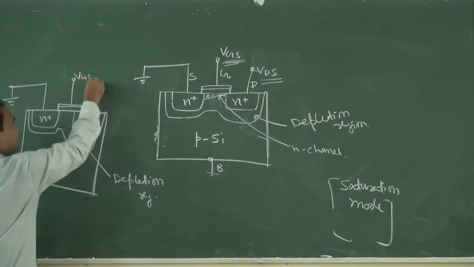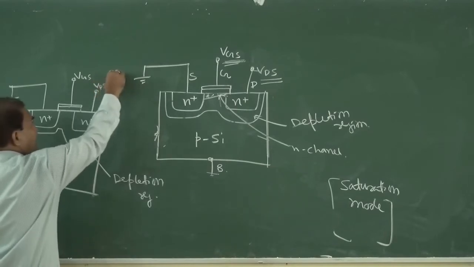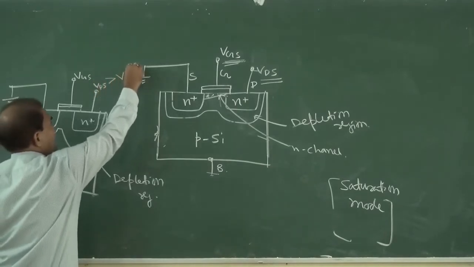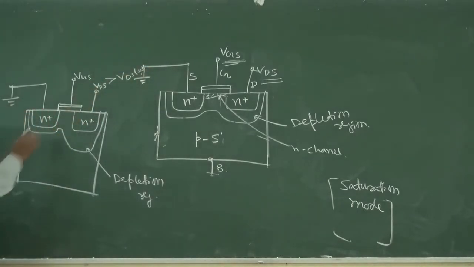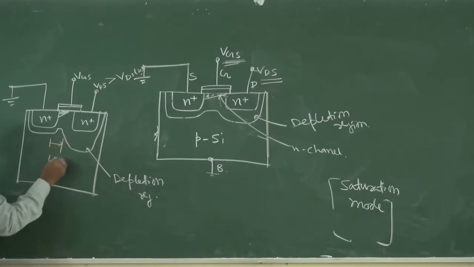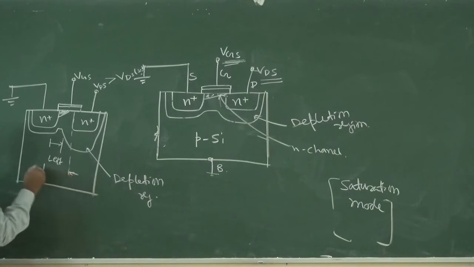VGS, and this is VDS more than VDS saturation. Then what will happen? The channel region is like this. This is channel. So this is effective channel length, L effective, and physical channel length, this is L. Okay.